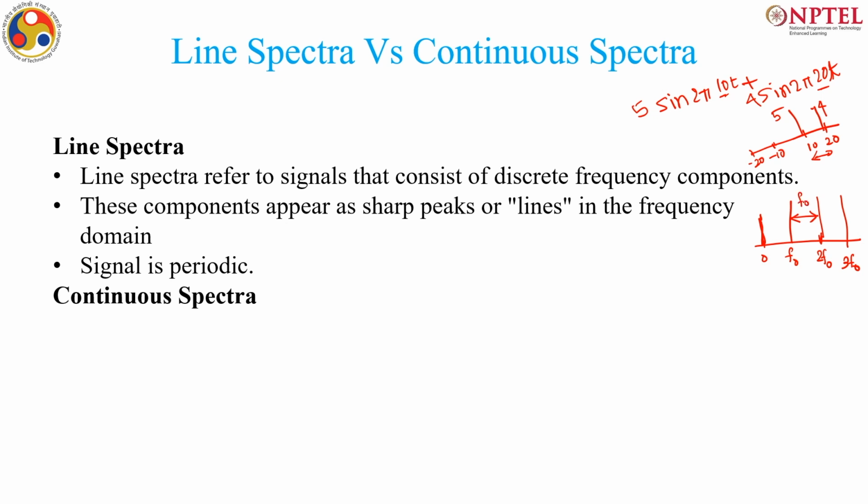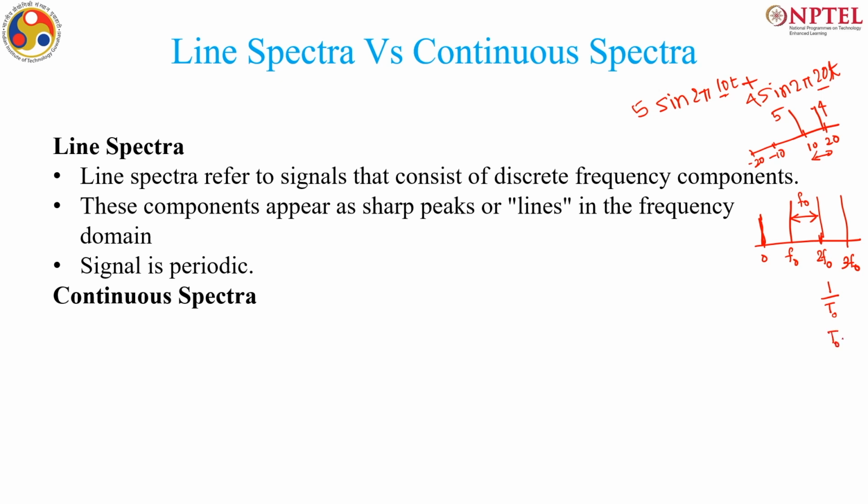This spacing is f naught, and f naught is the inverse of T, where T is my time period. Now, as T reduces, what happens? This spacing will increase, and vice versa. If T increases, then my spacing will reduce.